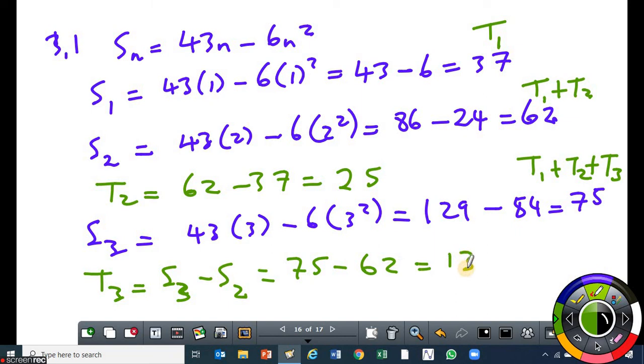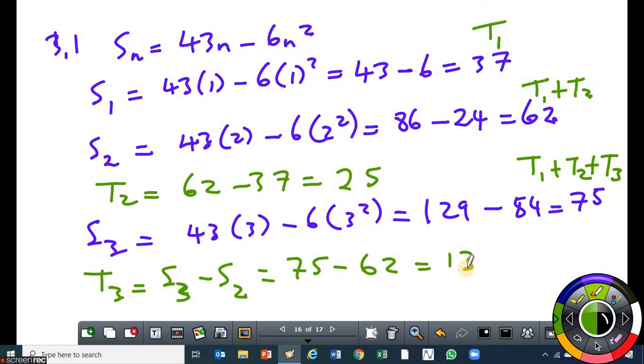Now, if you look, the terms are decreasing. We have 37, then 25, then 13. Now, if you calculate the common difference, what's the common difference?